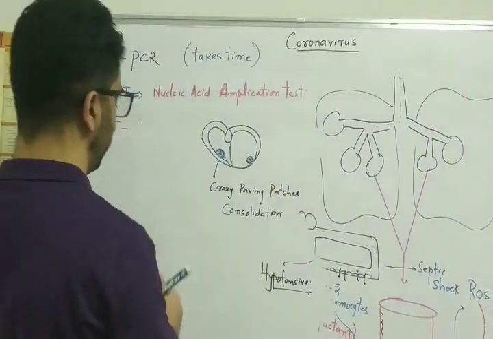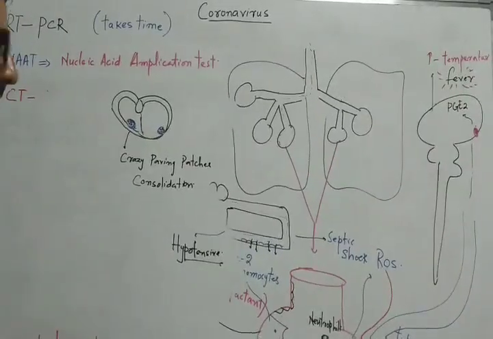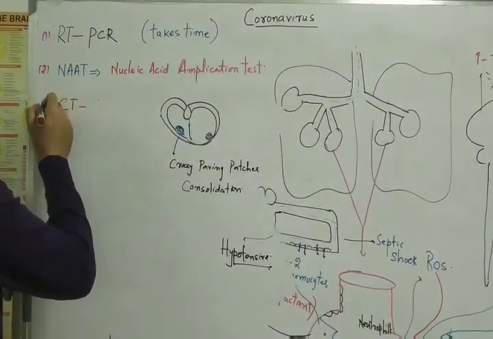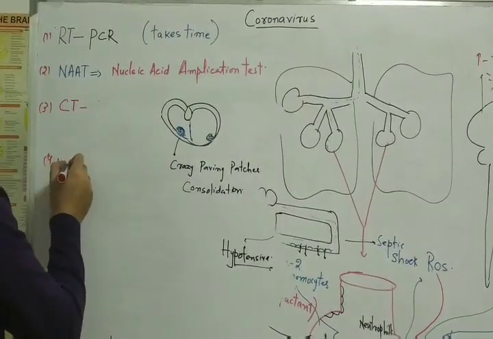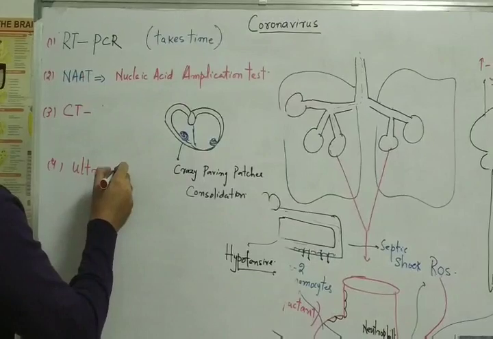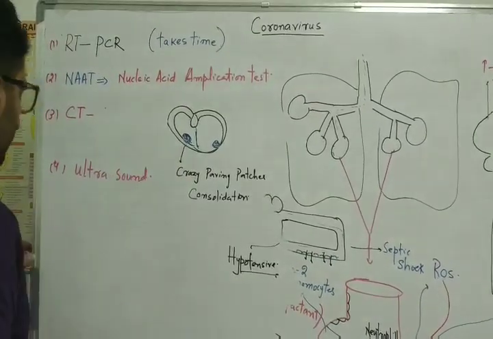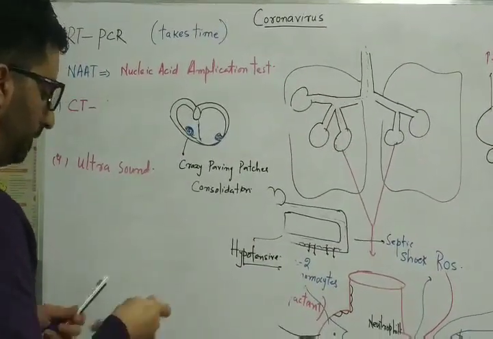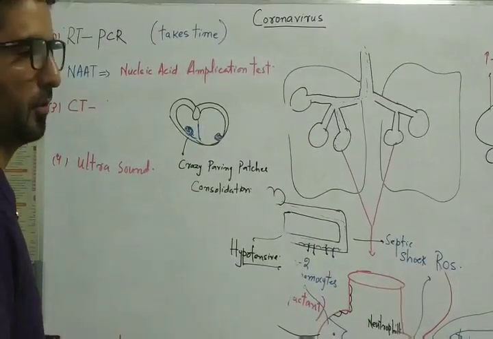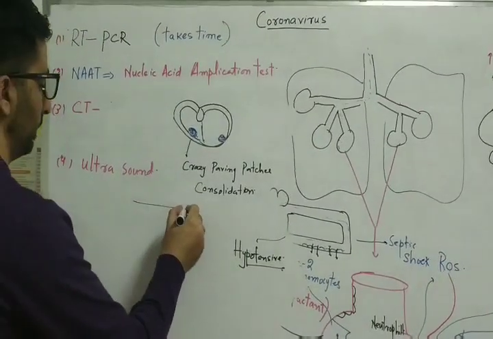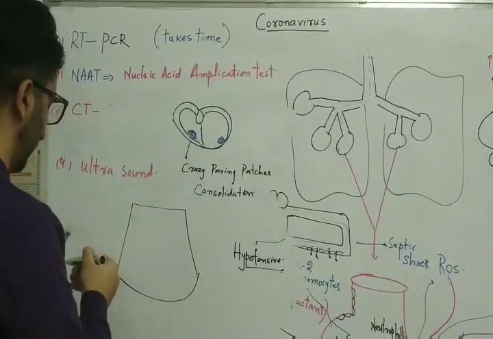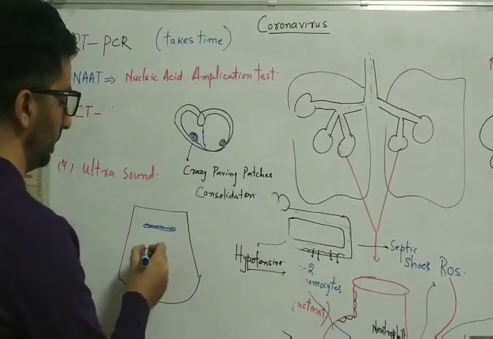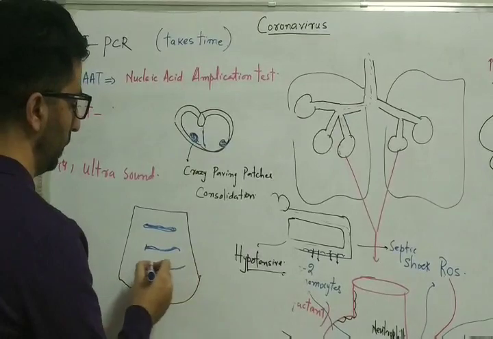So this is the CT scan. We can also do the ultrasound. What do we detect from the ultrasound? We can also detect whether this patient is corona positive or negative from the ultrasound. If we see some lines here, what are these lines?